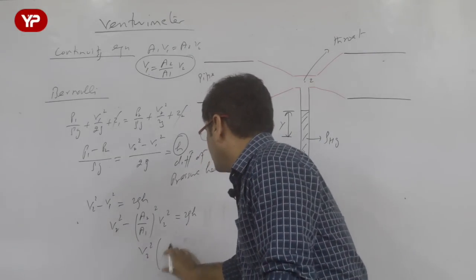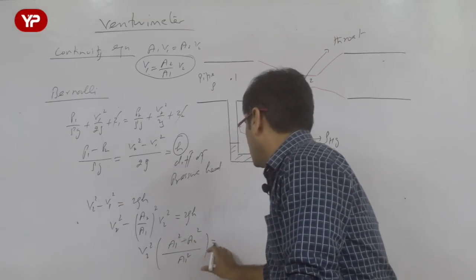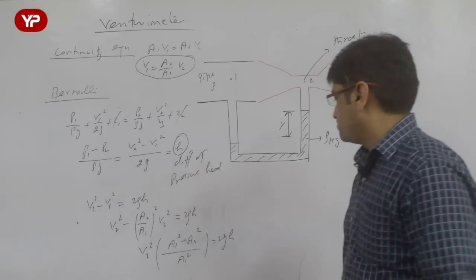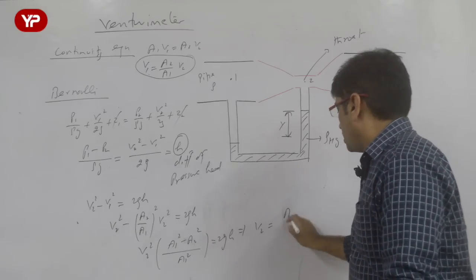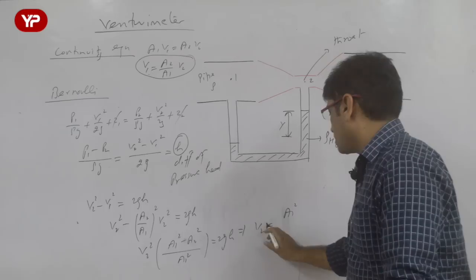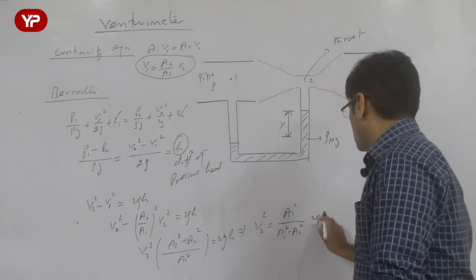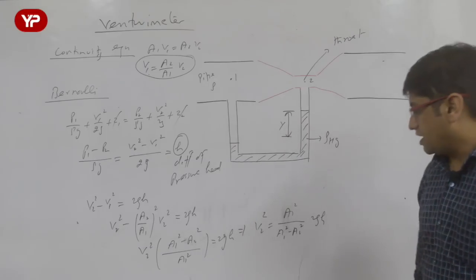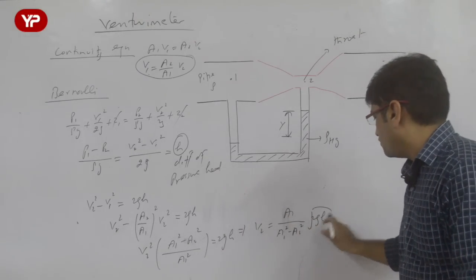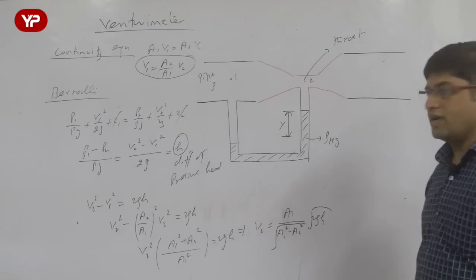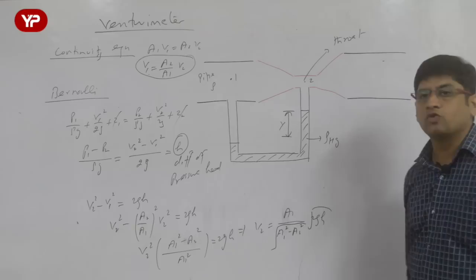V2 square I take common: (A1 square minus A2 square) over A1 square is equal to 2gh. So V2 square is equal to A1 square over (A1 square minus A2 square) into 2gh. Now if I take the square root, V2 is equal to A1 over the square root of (A1 square minus A2 square) into the square root of 2gh.